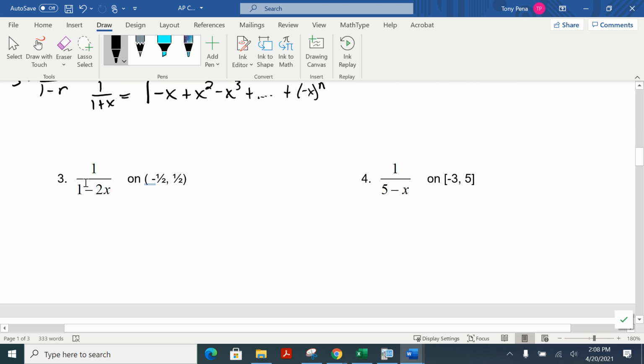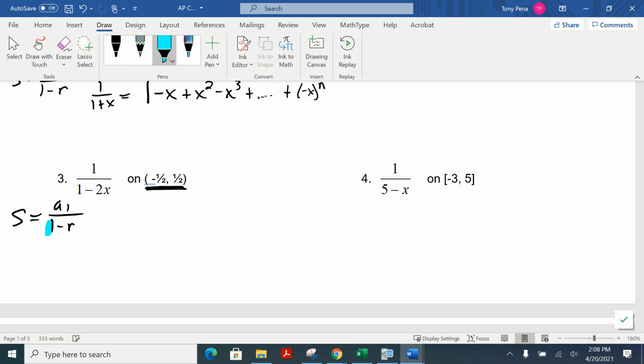3 is the one I wanted to see too, just so we understand how this interval is now different than the first couple. Doesn't our ratio in this one, since I have a 1, and I have the minus, the next thing should be my ratio. So isn't my ratio here 2x?